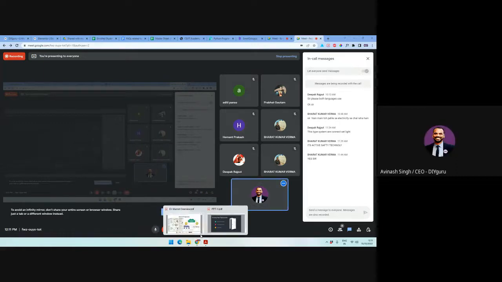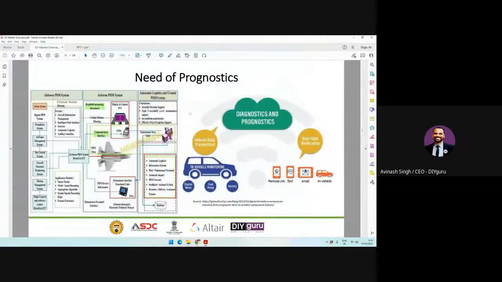See, this is also something similar to your active and passive safety systems, right? Diagnosis will come before prognostics, right?